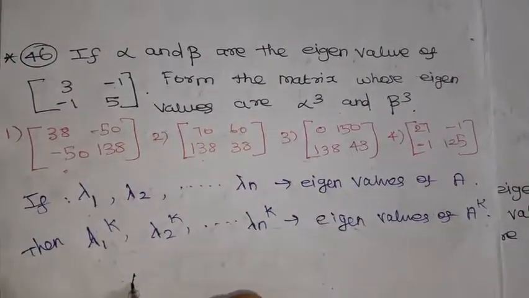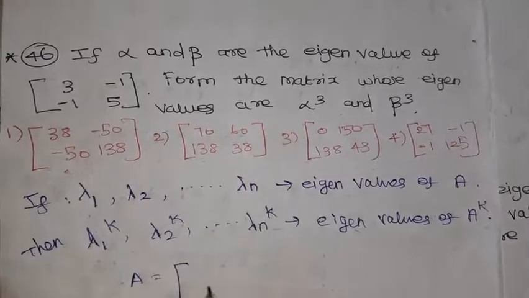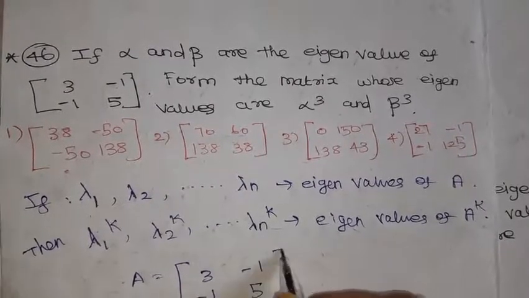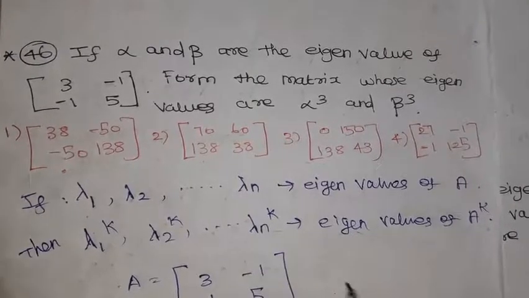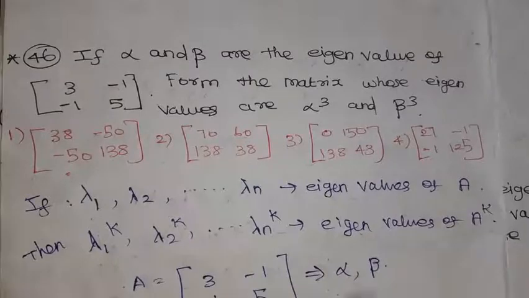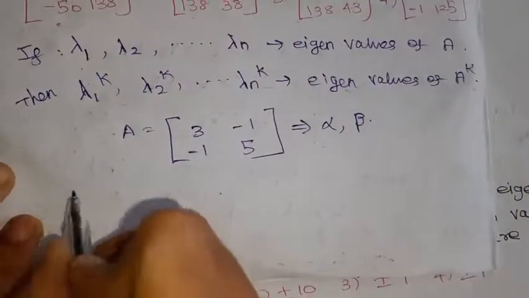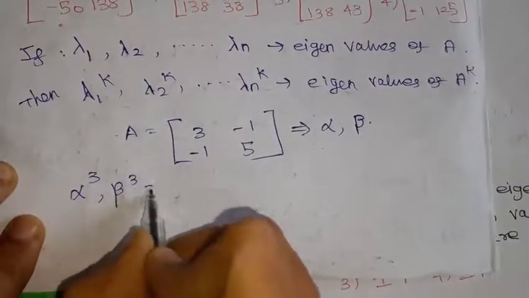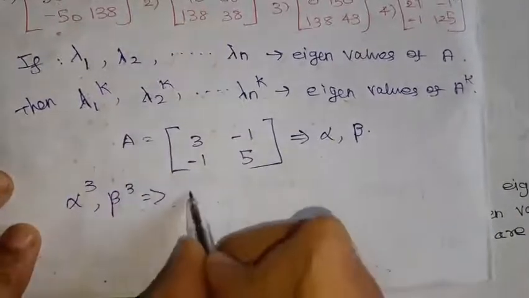So this is matrix A: 3, minus 1, minus 1, 5. Then what are the eigenvalues? Alpha and beta. So we should form the matrix for alpha cube and beta cube. The matrix with eigenvalues alpha cube and beta cube is, from the properties, A cube.